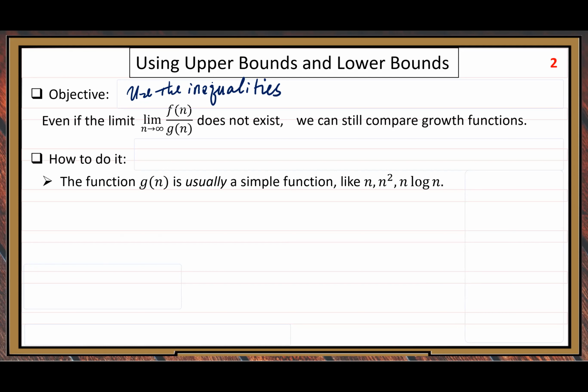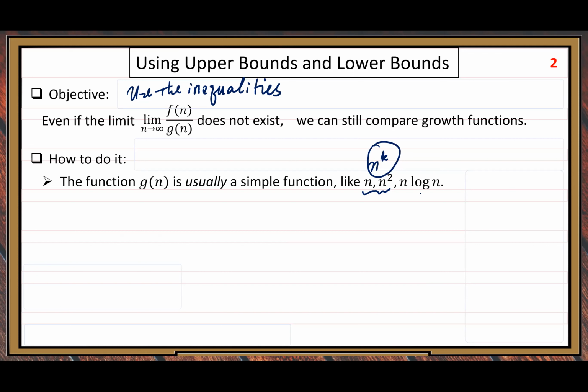When we compare two growth functions, usually for the g function we like to take simple functions like the power function, n to the kth power.